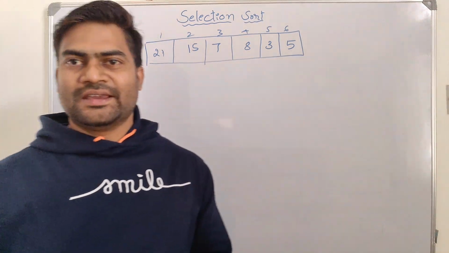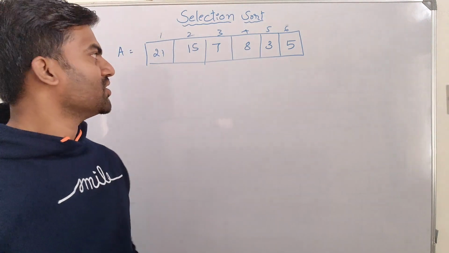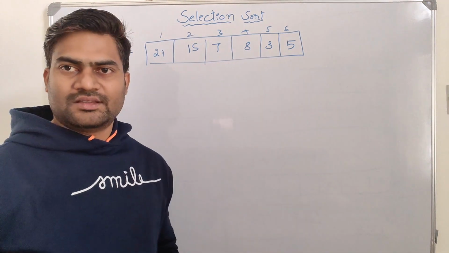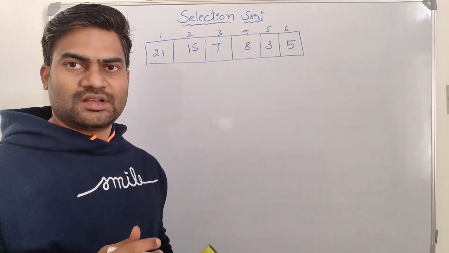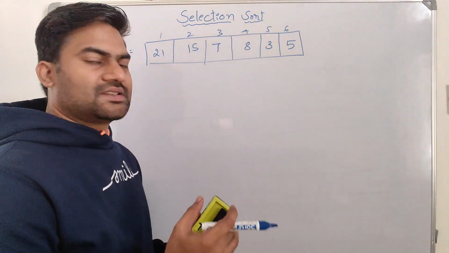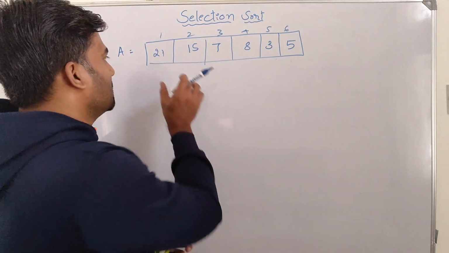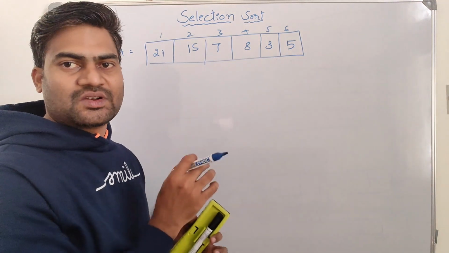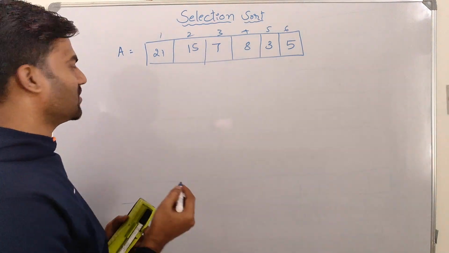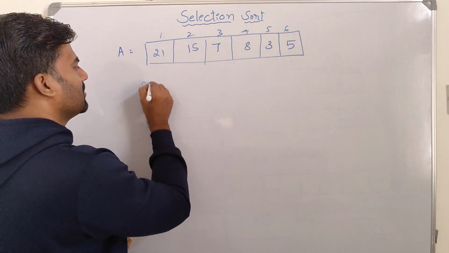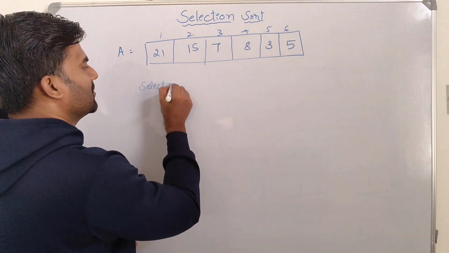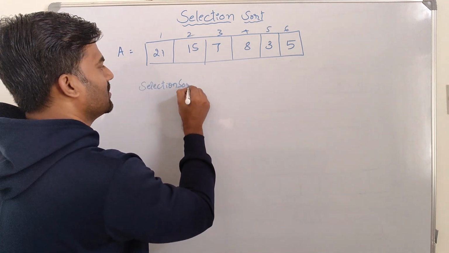So what we require here: first we need to fix the first element, or the position where I want to start the sorting, or the position where I want to keep the sorted element. For that, I will take a method selection sort.